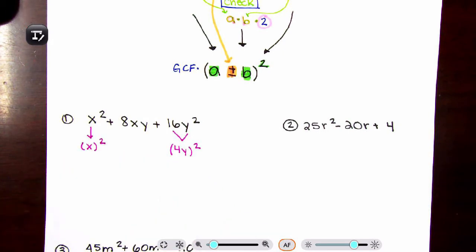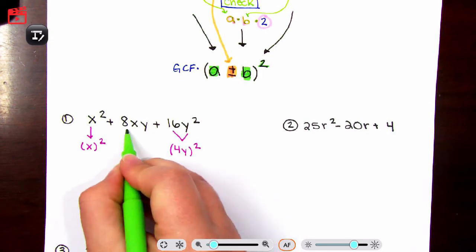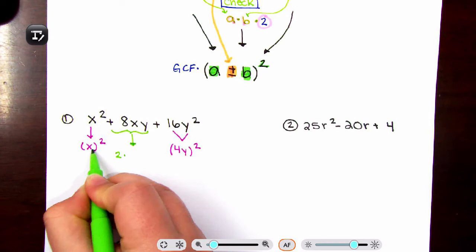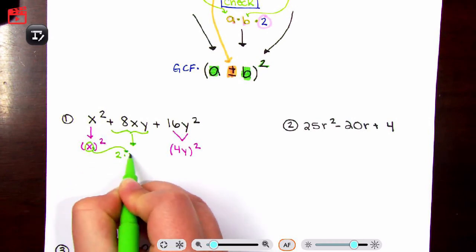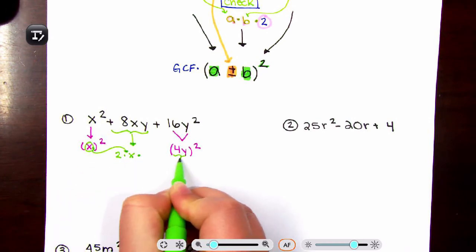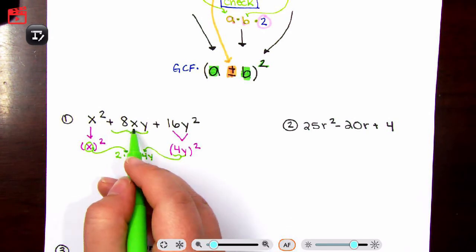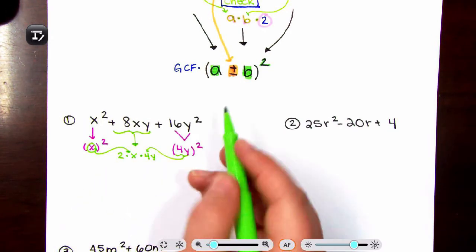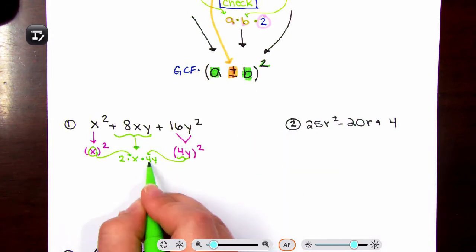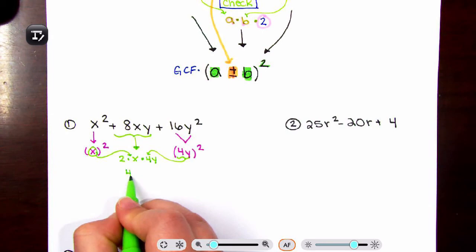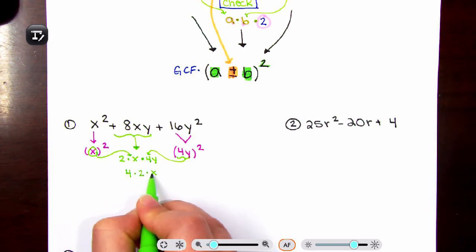Now I have to do our check. So that means this right here needs to equal 2 times your a, which is x, times your b, which is 4y. If that equals 8xy, then yes, we have a perfect square binomial. So 4 times x times 2 means 4 times 2 times x times y.